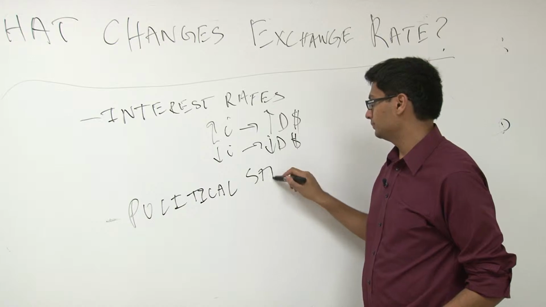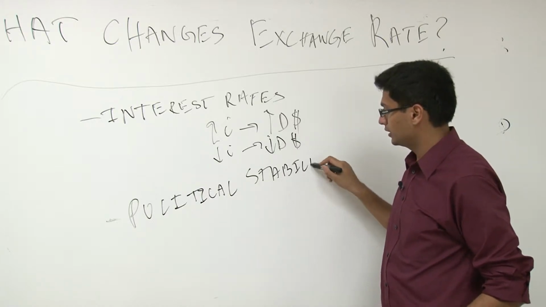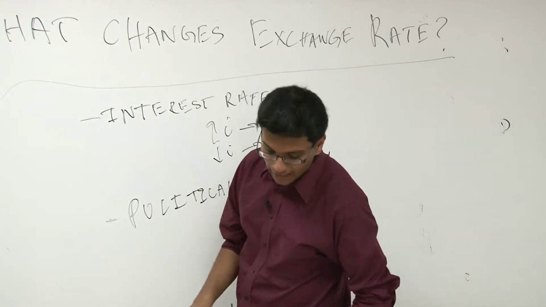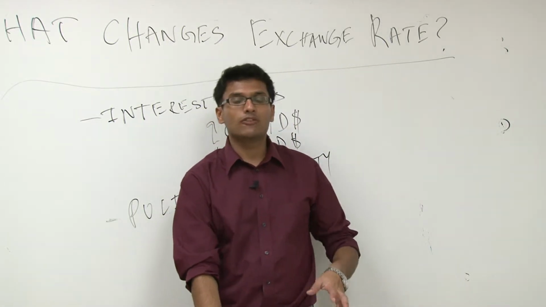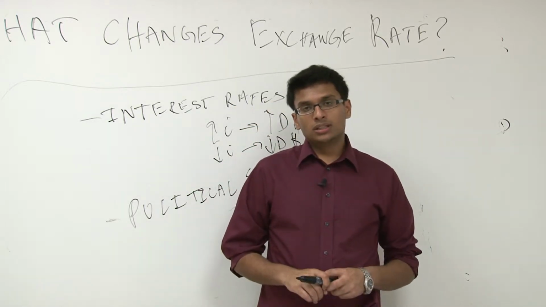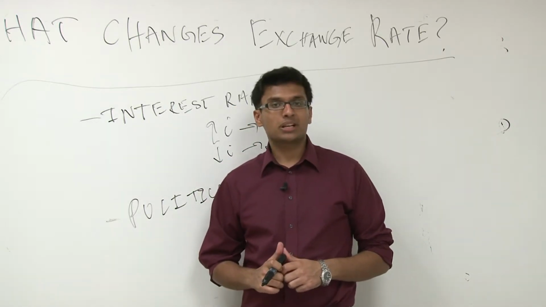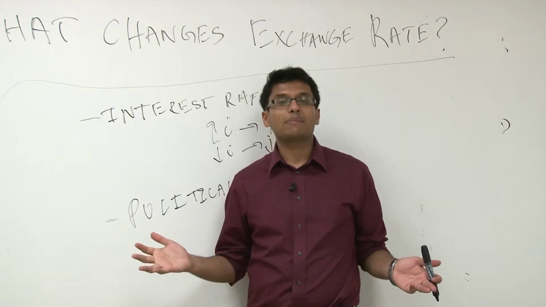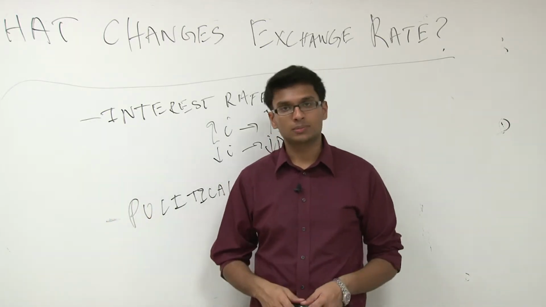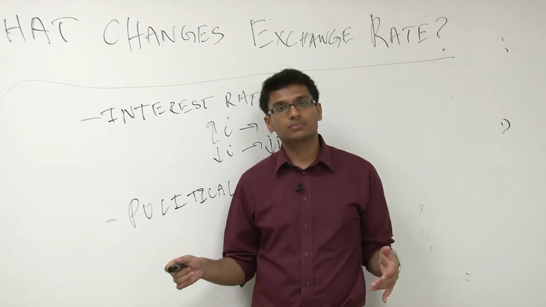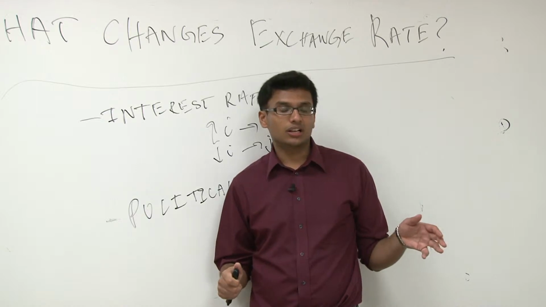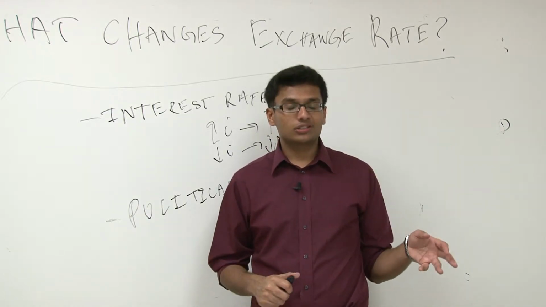Political stability is huge because if you do not trust a government, let's say a government is not so stable, you're not going to invest your money there. What if the bank system just collapses overnight? What if the president of that country just takes over the bank system? You're not going to trust them. So you will not trust economies that are not stable.